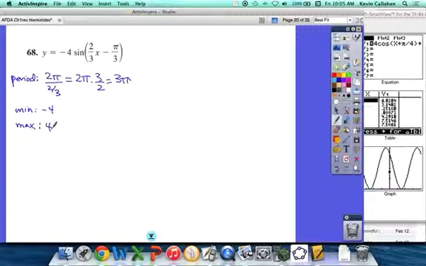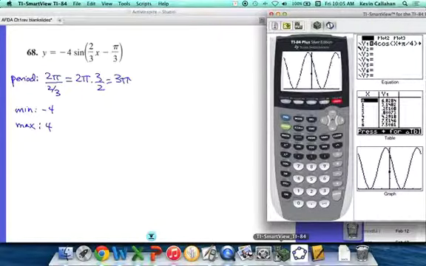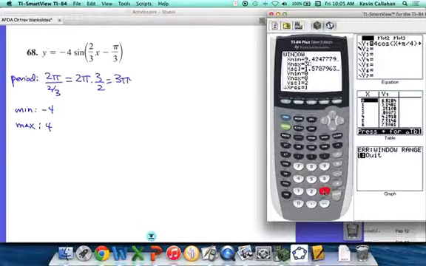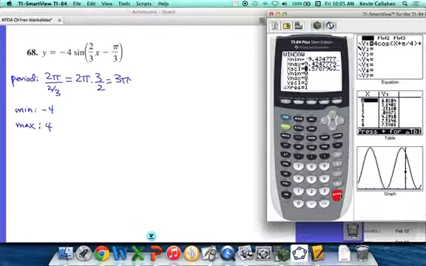So let's set our window. Window. Clear. Clear. So 3 second pi. Enter. Oh, that was wrong. Negative 3 second pi to positive 3 second pi. Scale pi over 2, that's good.